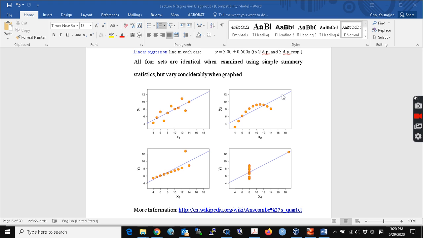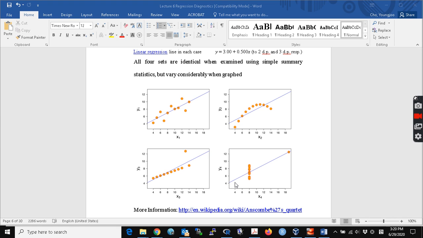But for the second data set, even though they have the same summary statistics, it is not reasonable to use the linear regression model because there is a curve. And for the third one, it's okay to assume the linear regression model, but there's a point which deviates from the rest of the observations.